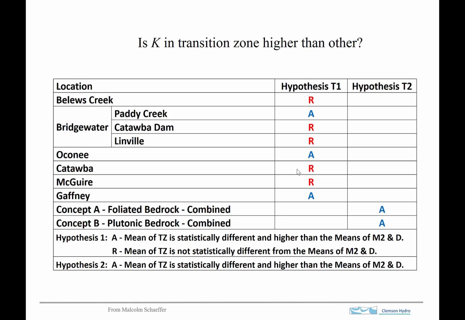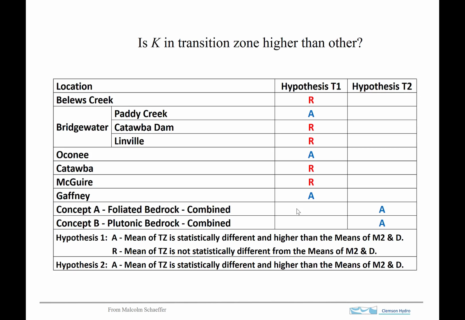So for the A's, this site, that site, that site, that means that the transition zone is more permeable than the rocks above and below it. And at the sites that are R, that means it's not statistically different. So the mean may be higher, but the overlap is great enough so you can't say that it's statistically different. And what you see in general is that it's about half and half.